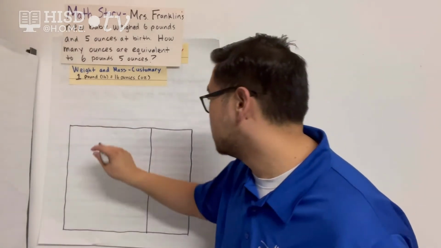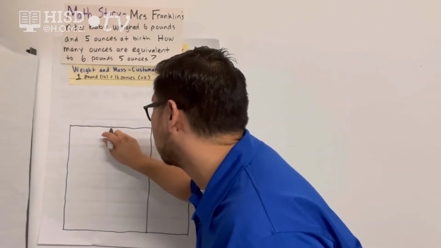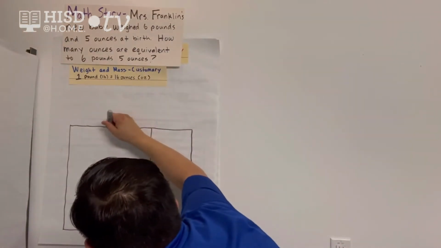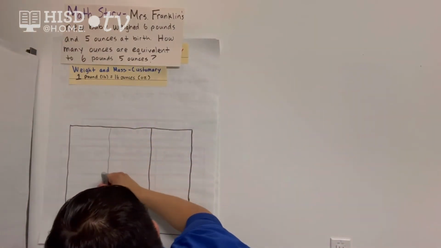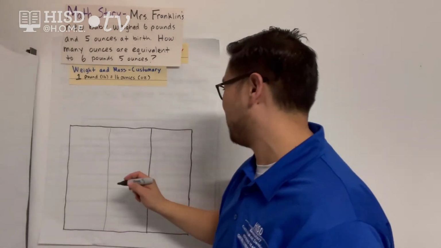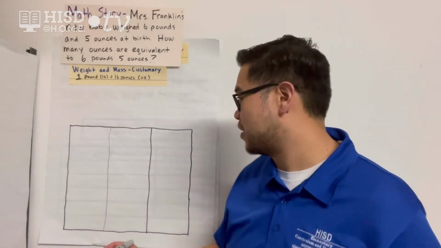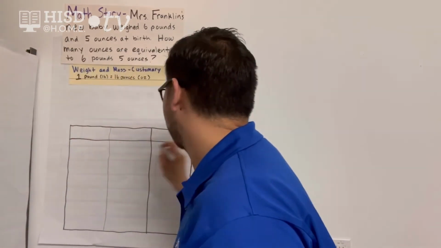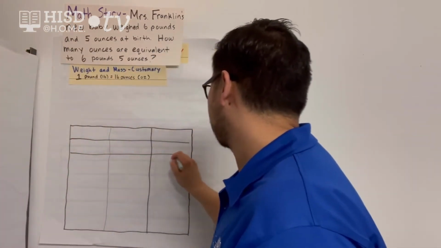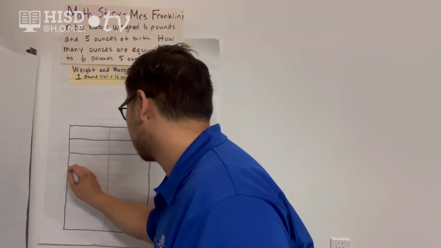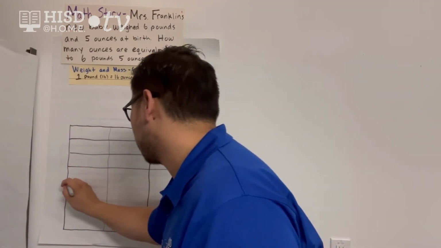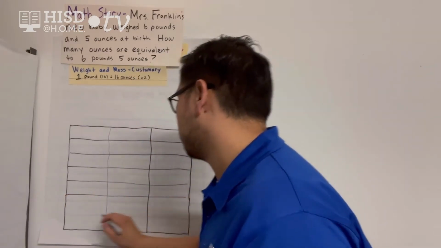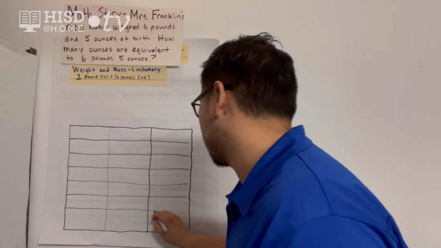We'll do 3 columns. And it doesn't have to be perfect. As you can see, my lines are not perfect whatsoever, but that's perfectly fine. One row, 2 rows, 3, 4, and 5. And I'm going to just draw 1 more just to have in case.